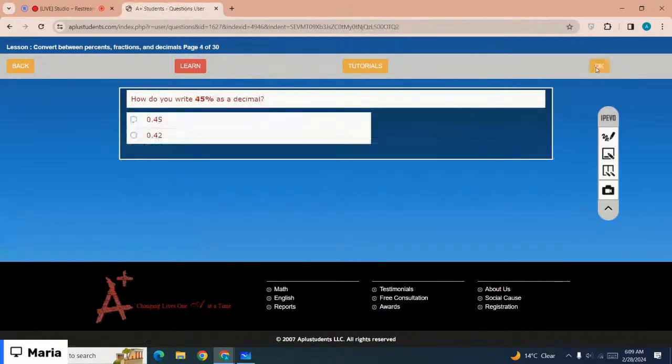How do you write 45% as a decimal? So which is the correct option?